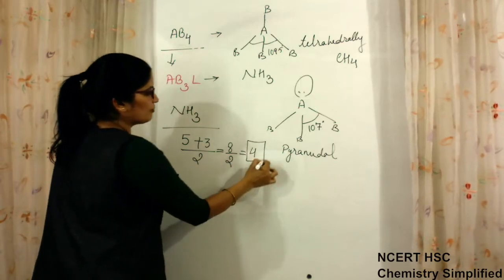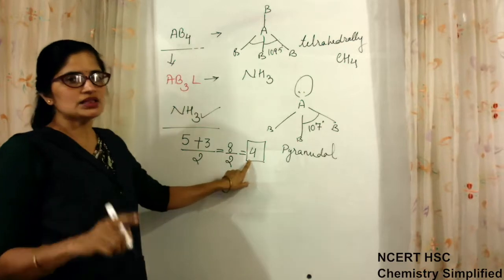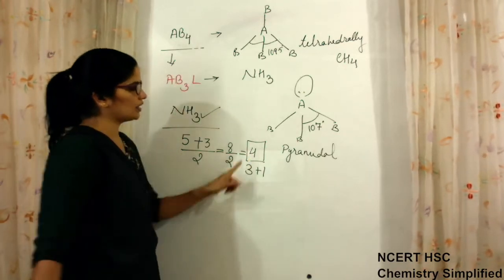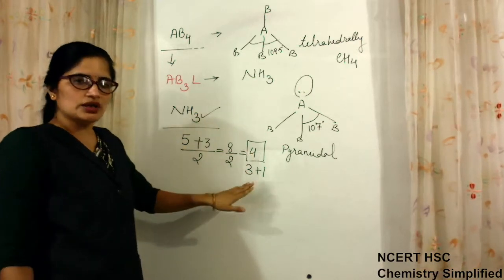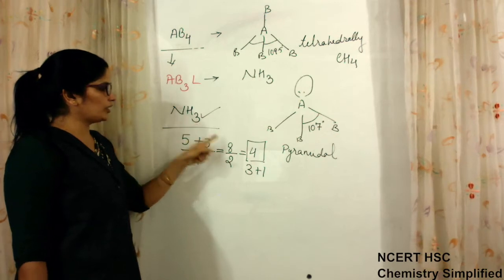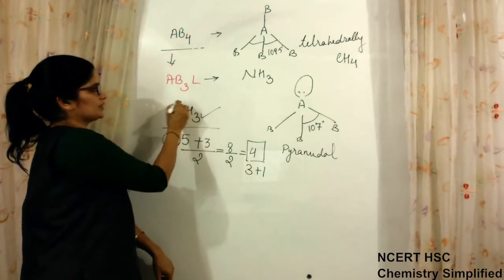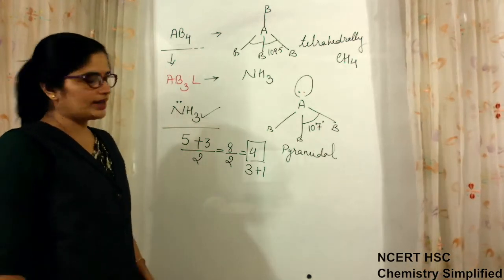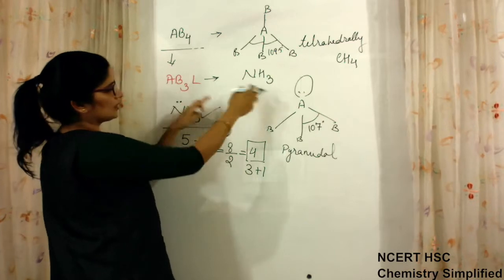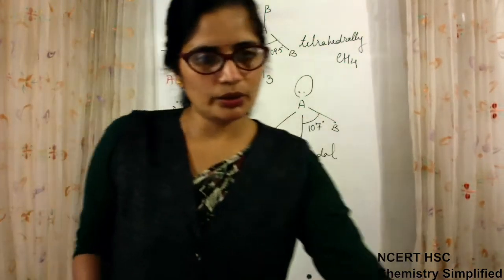So the number of pairs obtained is 4, and the number of side atoms is only 3. So 3 are bond pairs and 1 is a lone pair in this 4. Okay, so in this manner we understood that nitrogen in the case of ammonia has 3 bond pairs and 1 lone pair present on it. Now with the help of this, 3 bond pairs and 1 lone pair, we can come to its geometry. Pyramidal, 107 degrees. Okay.